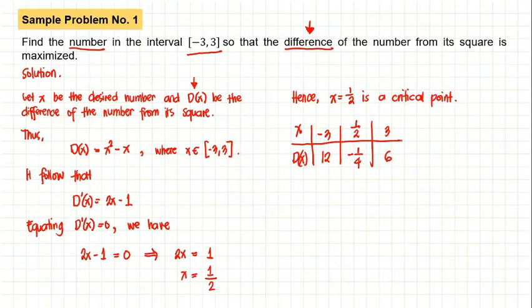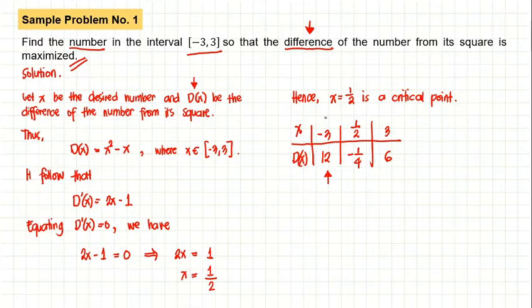So comparing the values, you can see here that the maximum value is 12. And since we are going to maximize the difference, therefore we need to accept the largest value, and that is 12. Pero ang hinahanap sa problem ay yung number. So what is now the value of x that gives the maximum value, which is 12?